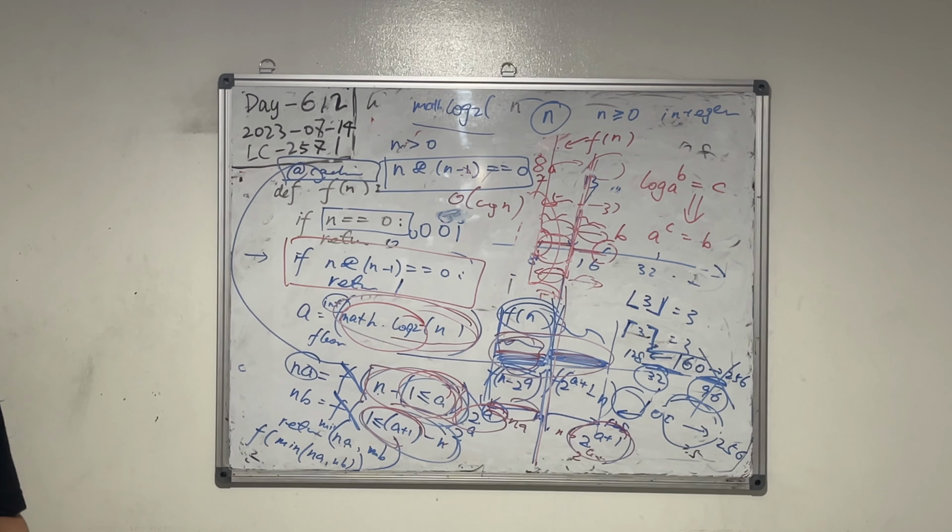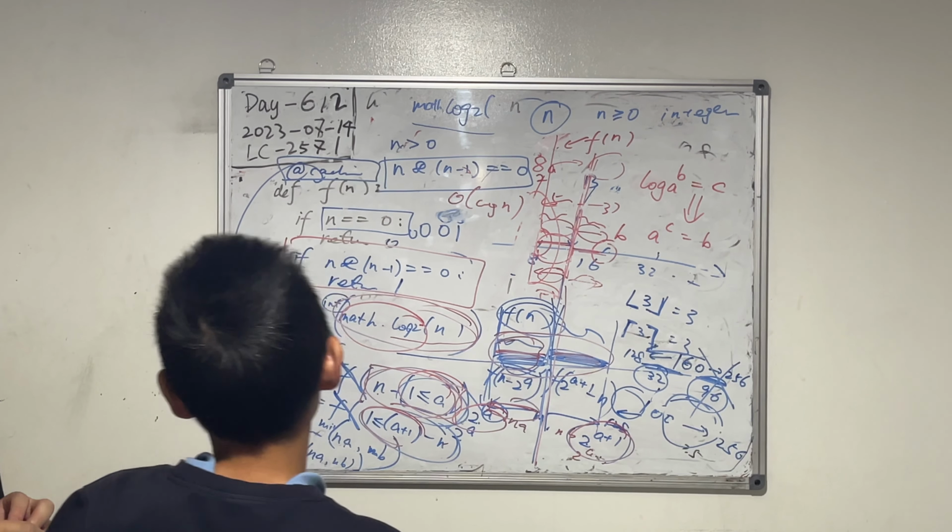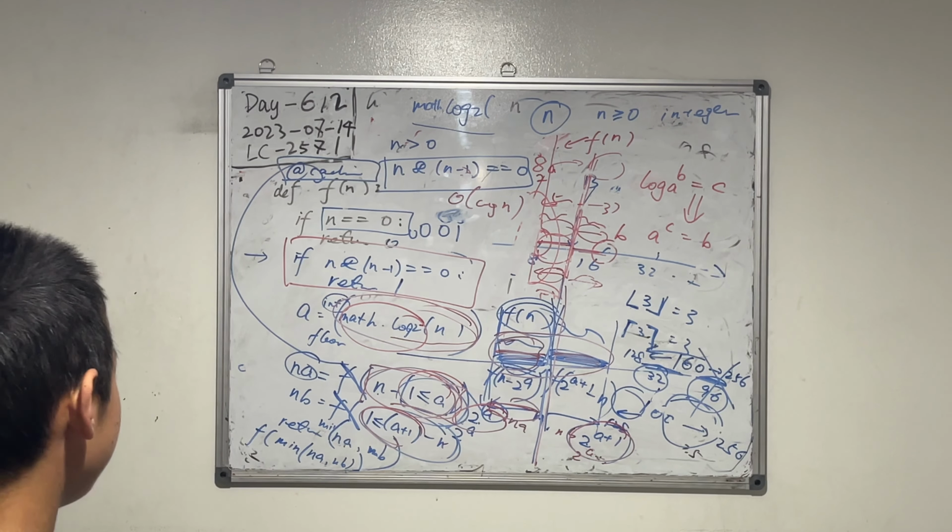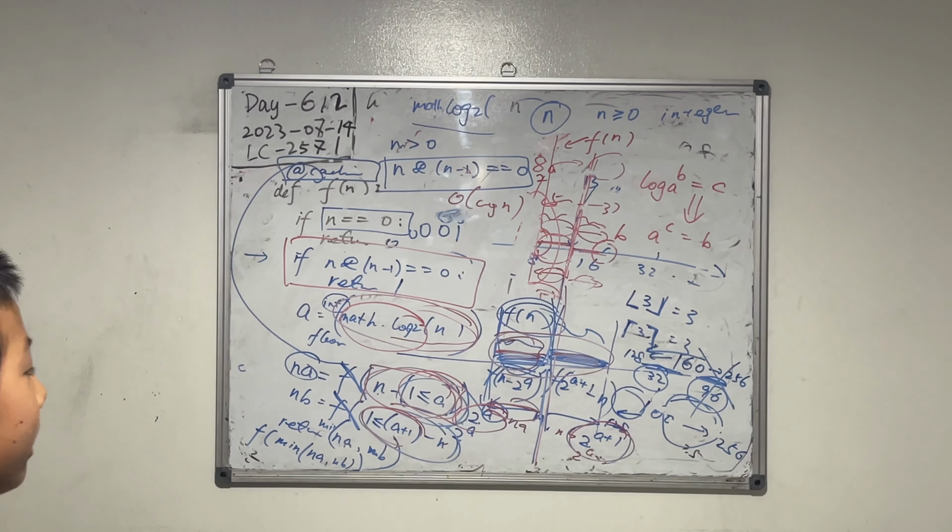And the solution is to find the two closest powers of 2 near it, and then you go to the nearest one.